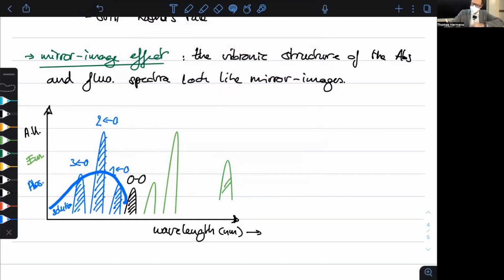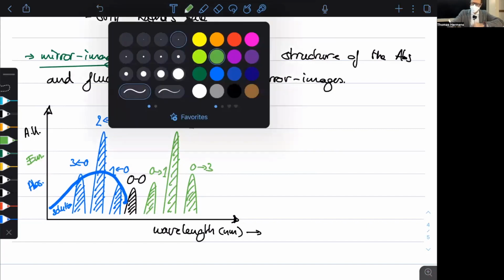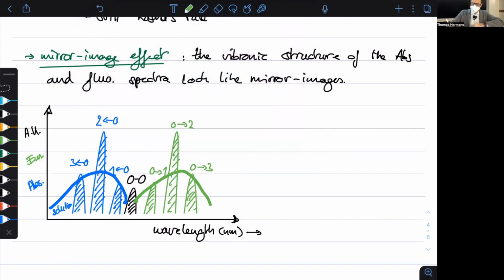The fluorescence will look like this. So we have again the same. Now I draw from left to right 0,1, 0,2, 0,3. These are the theoretical levels. If you measure it in solution, you will see something like that.